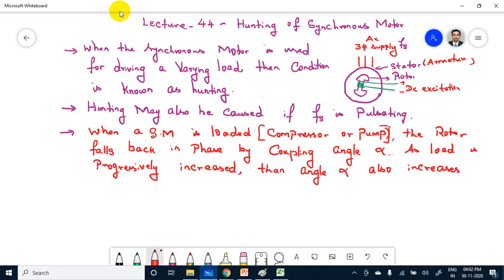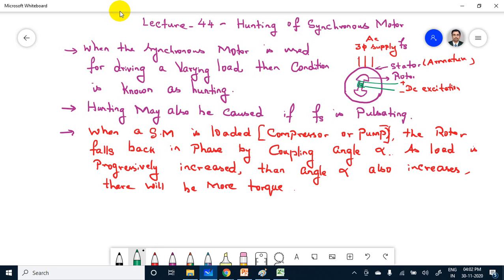Due to this increase in load as well as alpha, there will be more torque present.